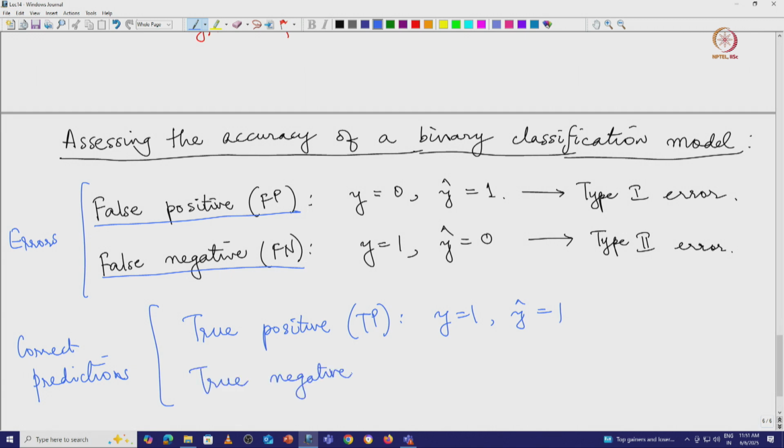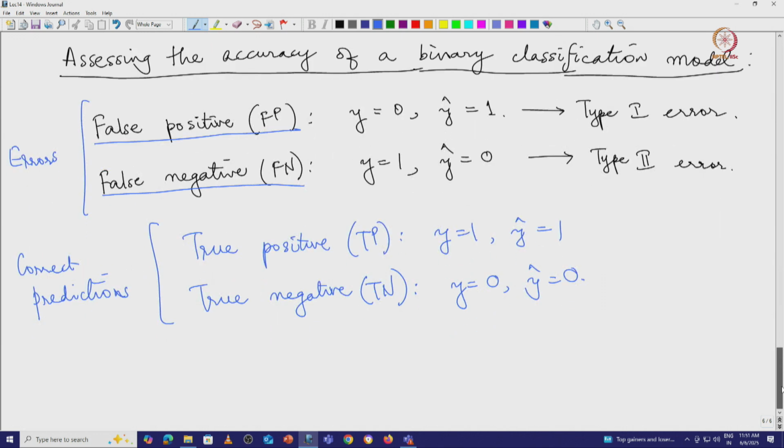So in this case, TN, the true value y is 0 and your predicted value is also 0. So you have done well in this case. Now these are the 4 cases that can happen: FP, FN, TP and TN, and what is done is this is arranged in the form of a matrix, and that particular matrix is called the confusion matrix.